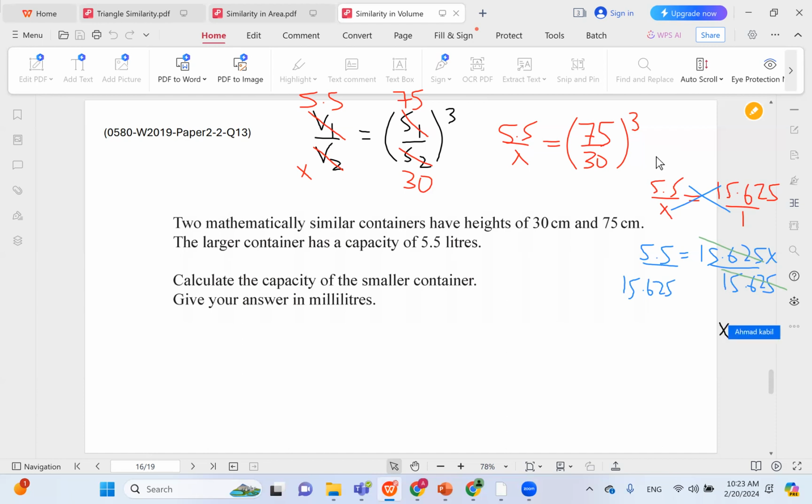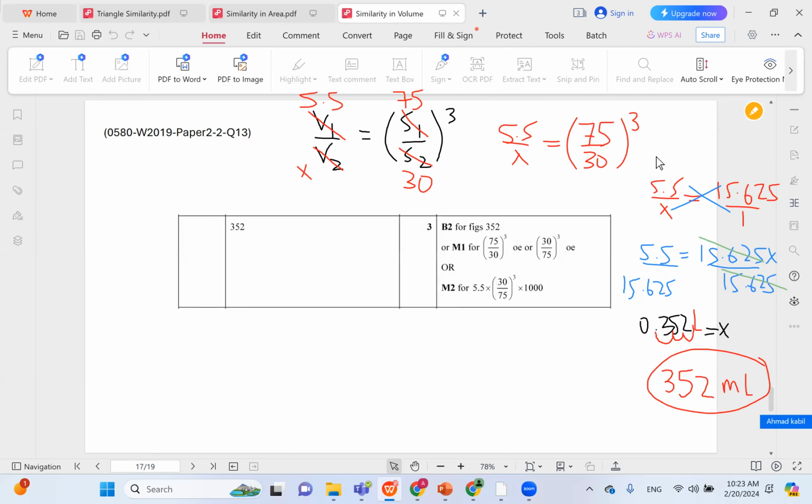So x is equal to 0.352 liters. And we want the answer in milliliters, so we multiply by 1,000. So this is liters, and then you move 1, 2, 3, you get 352 milliliters. 352 is the correct answer in the marking scheme.